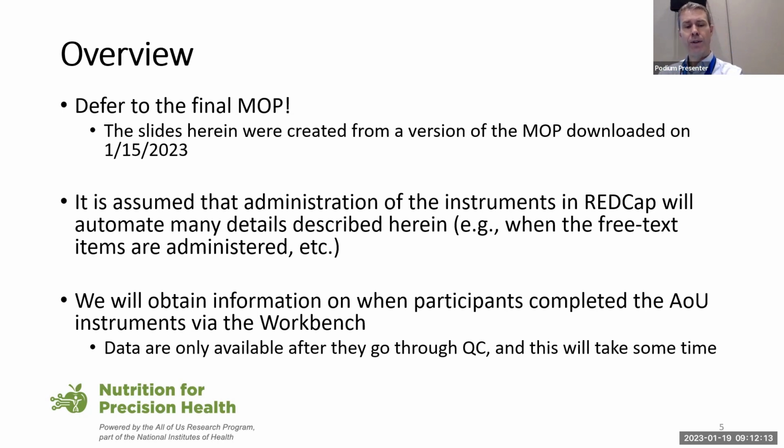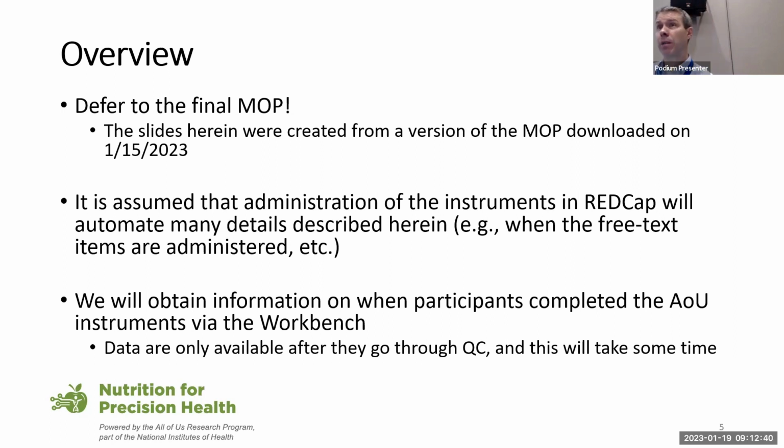Also remember that we have to obtain information from the All of Us workbench to inform what tests we administer during contextual measures. So that'll be more clear here in a minute when I go over those details, but please recognize that you will have to go into the workbench, look up your participant, and see when they completed certain surveys for All of Us to know whether or not they received those surveys during NPH.